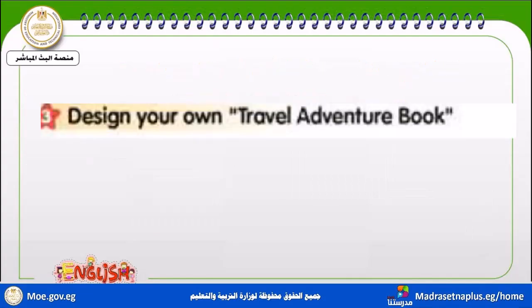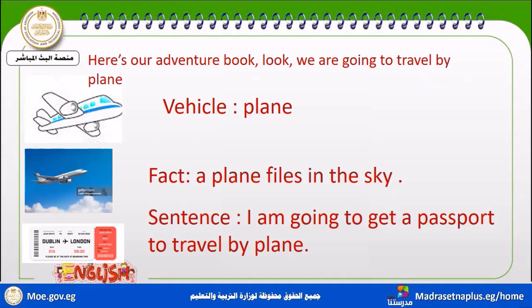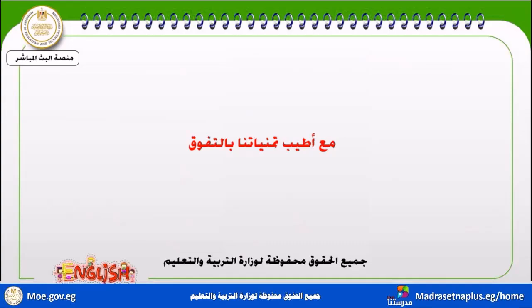So we are going to design our adventure book about travel. We are going to write about our vehicle, and our plane. So we are going to travel by plane. A plane flies in the sky, and I am going to get a passport to travel by plane.